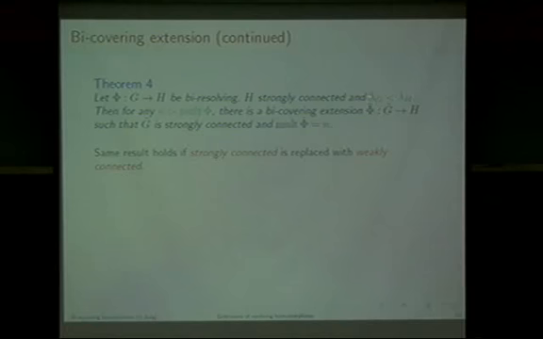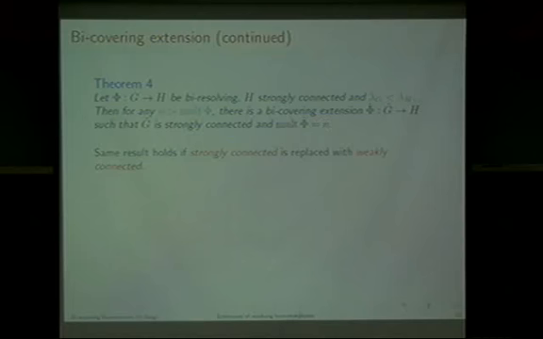So let lambda G and lambda H be the spectral radii of the adjacency matrices of graphs G and H. Then when the spectral radius of G is strictly less than the spectral radius of H, we can show that for any n greater than the multiplicity of phi, there is a bi-covering extension phi tilde from the related domain G tilde to H, such that G tilde is strongly connected and it has multiplicity of arbitrary degree n, which is greater than the multiplicity of phi.